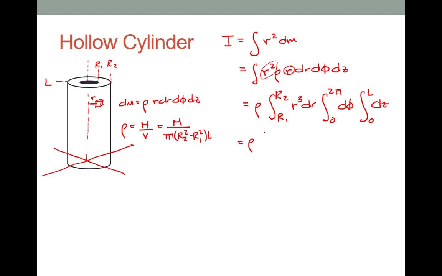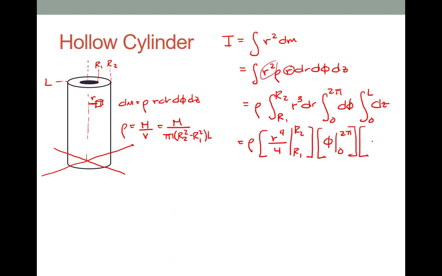So that is the density. The integral of r cubed dr is r to the fourth over 4, evaluated from R1 to R2. The integral of d phi is phi, evaluated from 0 to 2 pi.